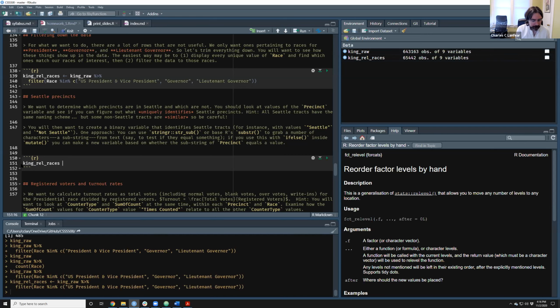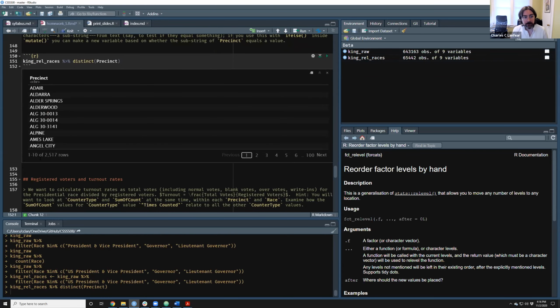I'm going to look at the distinct values of precinct. There's a lot of them, 2,517 of them. If you didn't have any other clever technique to search through them, you could literally just browse until you find what you're looking for. Oh, actually, here it tells me there's a maximum I can browse to of 100 deep.